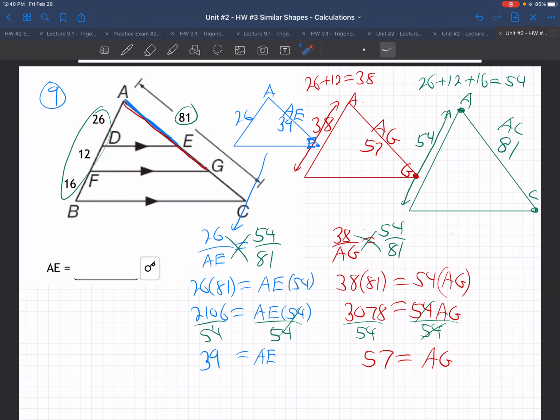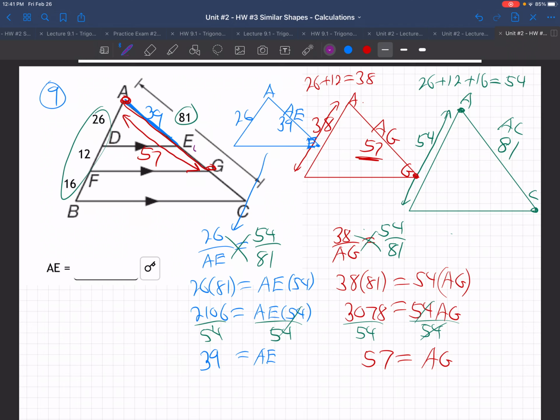Okay, so now I know from here to here is 39. And then from here to there is the 57. A to G is 57. So this part right here, you tracking with me?